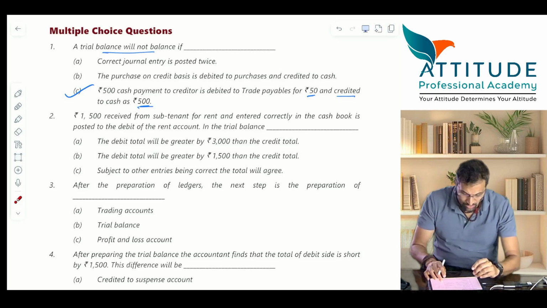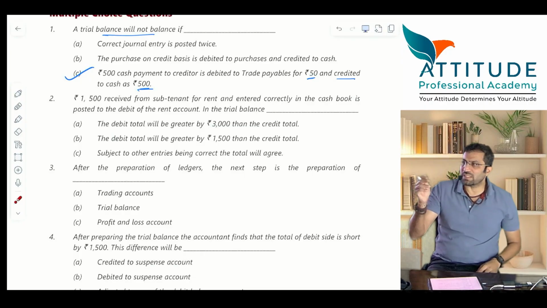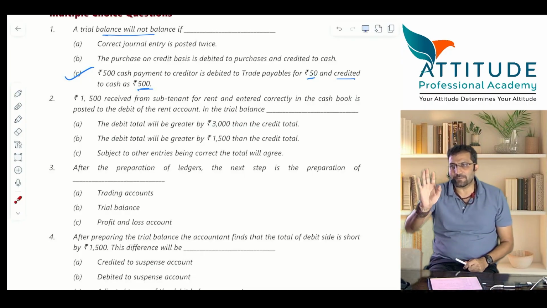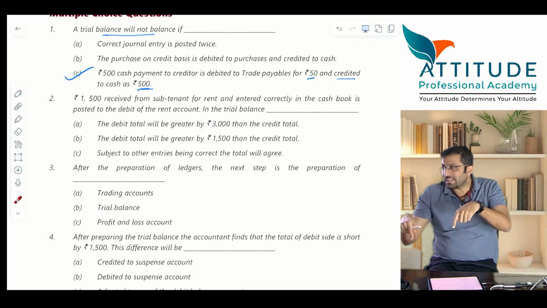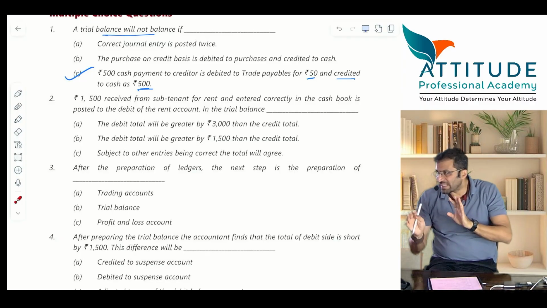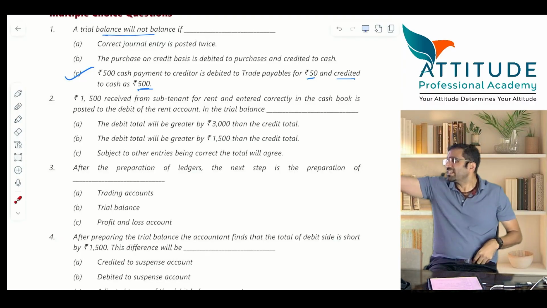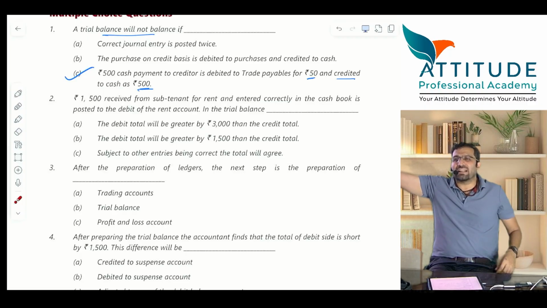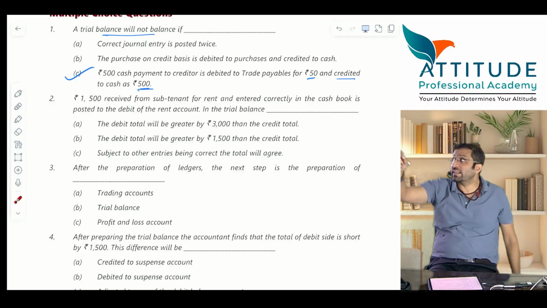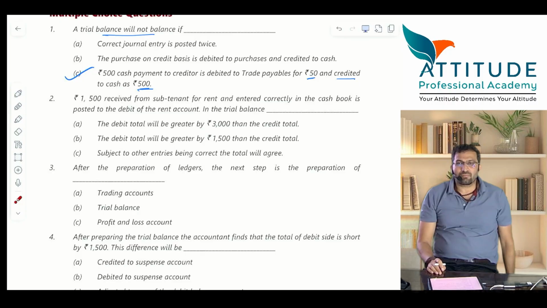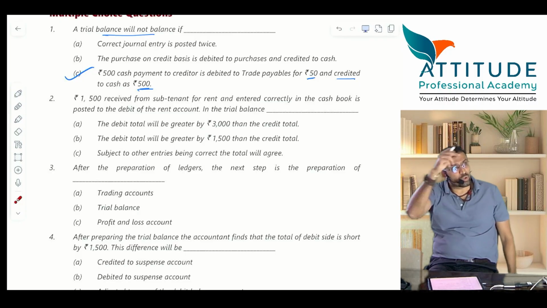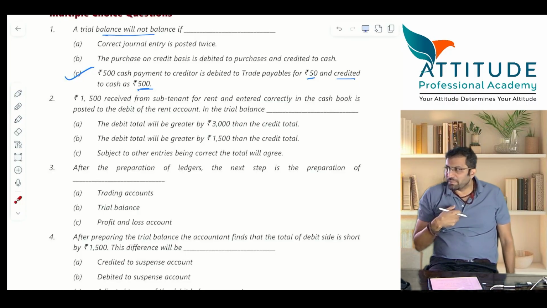First of all tell me, hello, rent received from subtenant means what? Answer this. Sir, in this premises I am not the owner, I am also paying rent. You are saying, sir, इधर खाली है ना जगह, मुझे rent out कर दो, I'll pay you 1,500. I'll say okay, take 1,500. Now that 1,500 will go to my owner or me? Me.